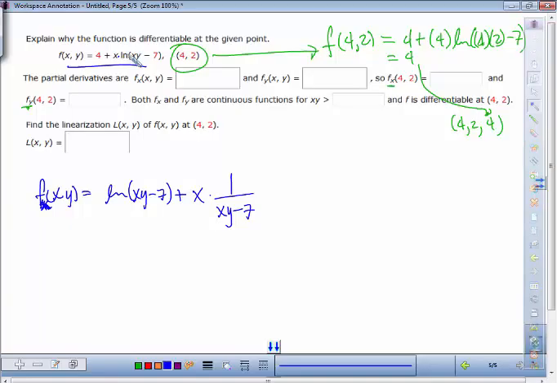The derivative of ln is 1 over something, times the derivative of that something with respect to x. What's the derivative of xy with respect to x? y. So this is ln of xy minus 7 plus xy in the numerator, xy minus 7 in the denominator.